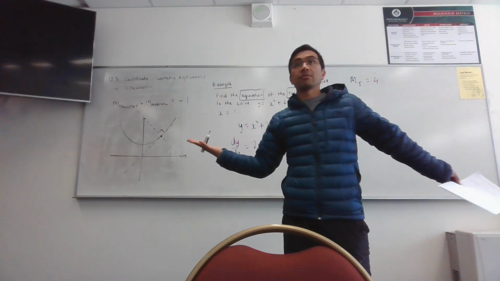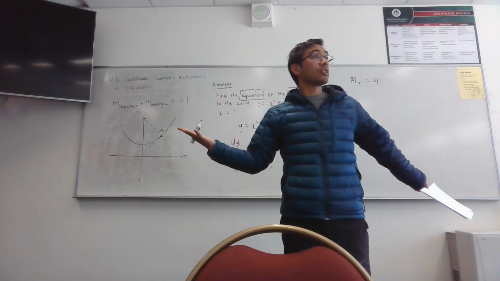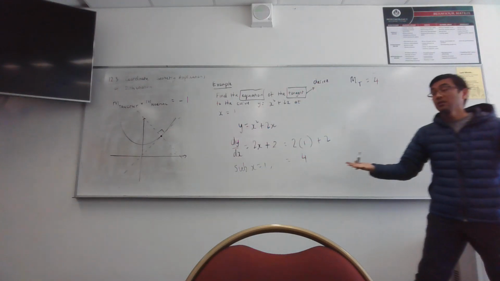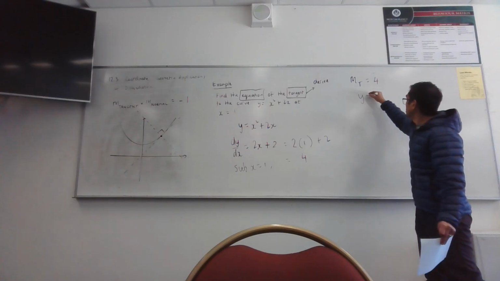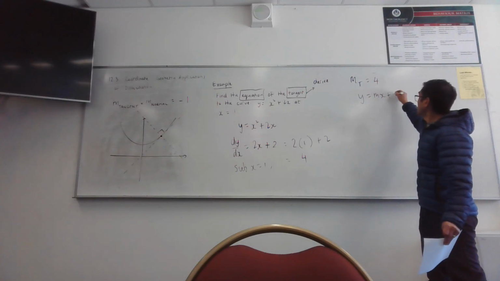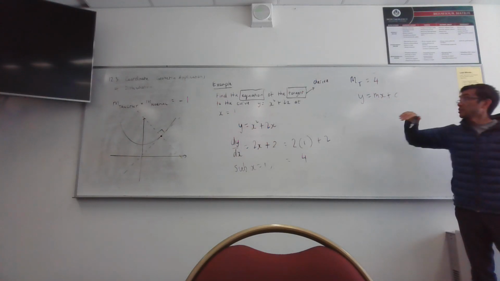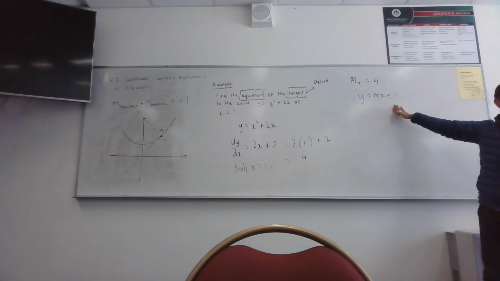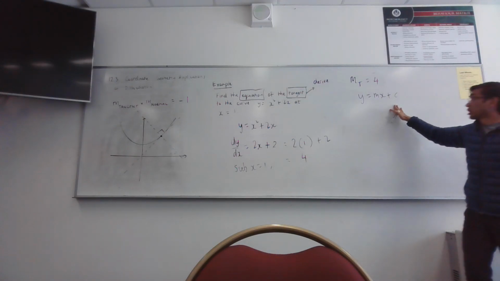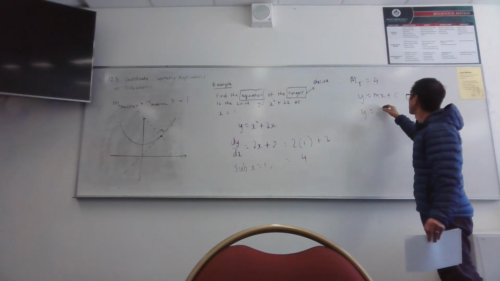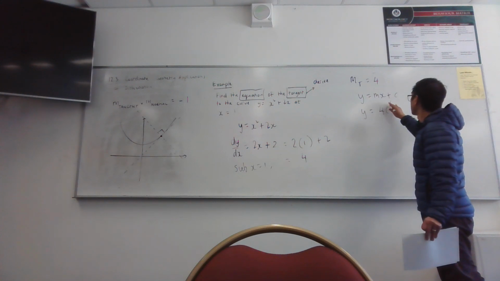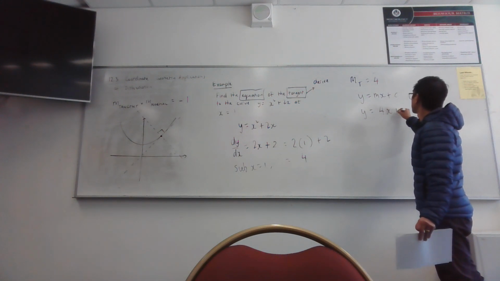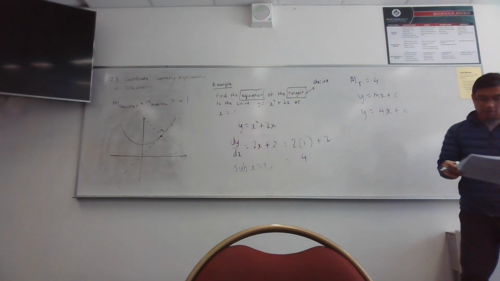It's a line. So then you get your mx plus c. What can I change this now to? Change the m to 4, 4x plus c.